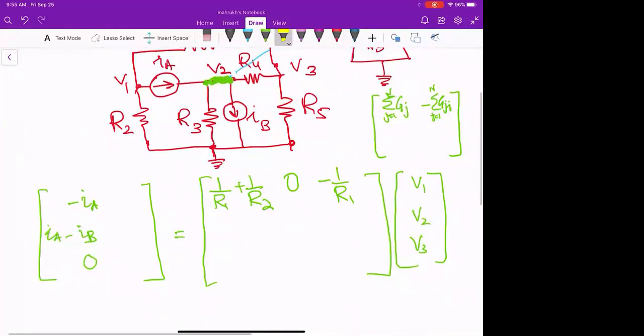So we will be going here, about V2. If you think like this, it will be easy. This is your node 1, this is your node 2, and this is your node 3. So node 3 and node 1 are about adjacent nodes.